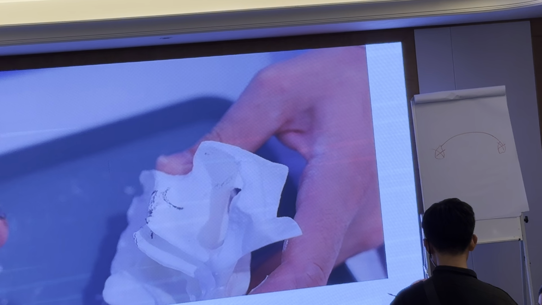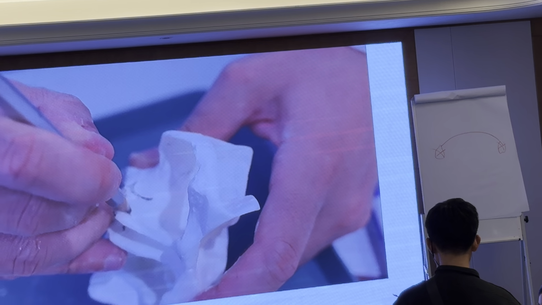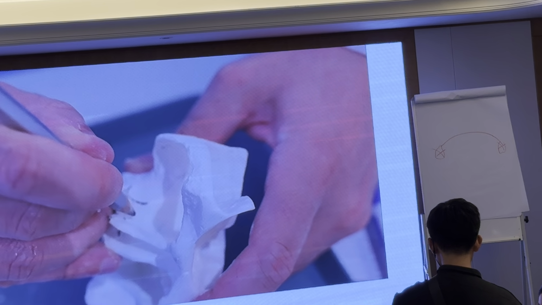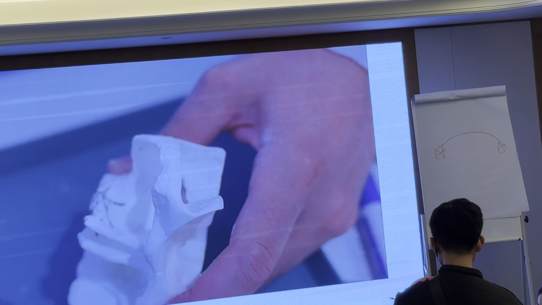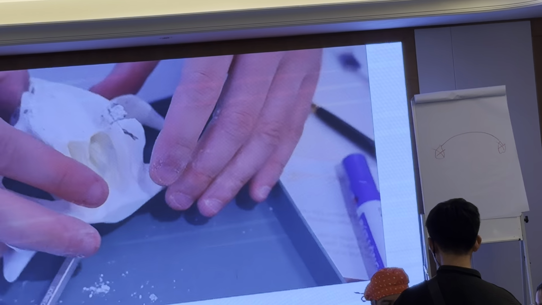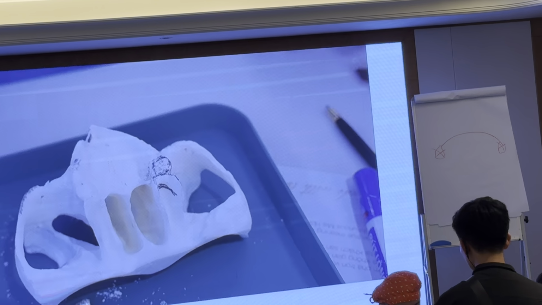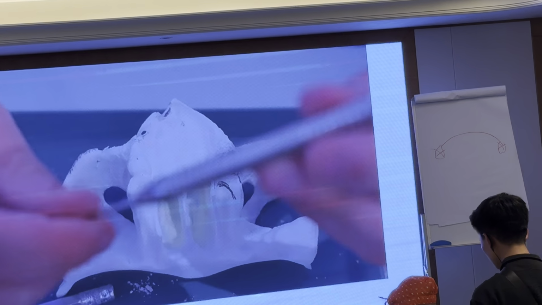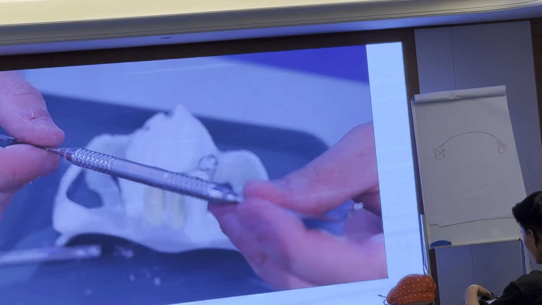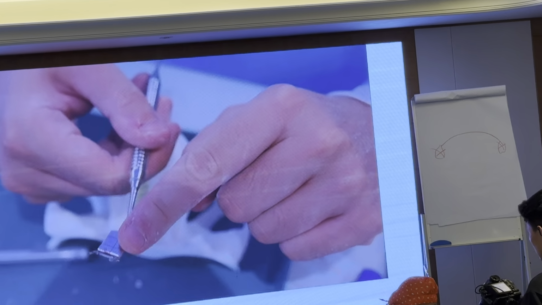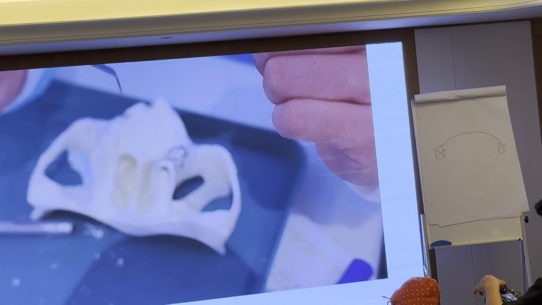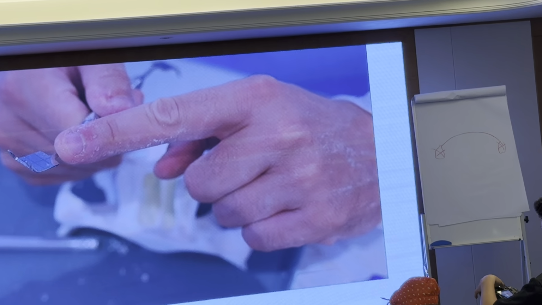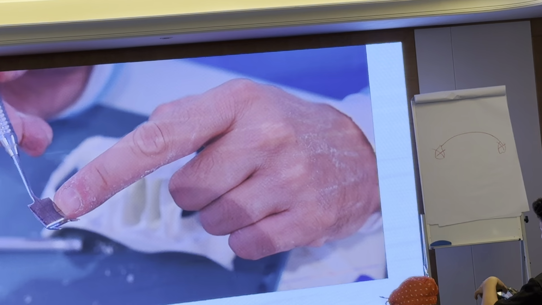Good. So we measure our starting point, and our starting point is here. Okay? Because the inclination of the implant will be like that. Then the patient is like that. I take my pterygoid retractor. I have left side and right side, for the left side of the patient and right side of the patient.